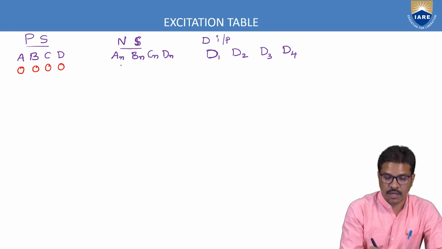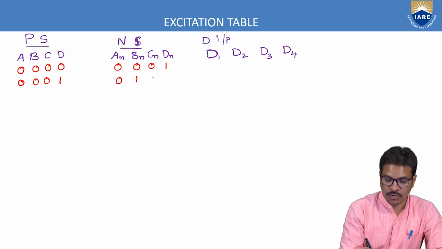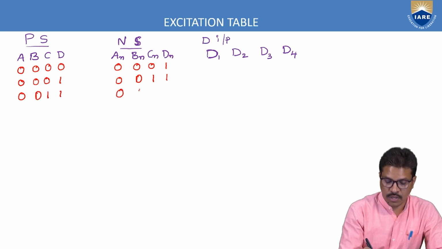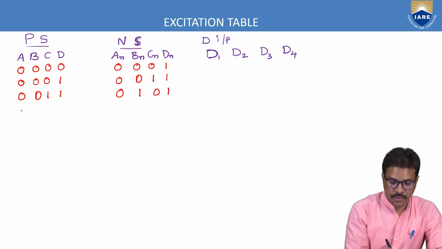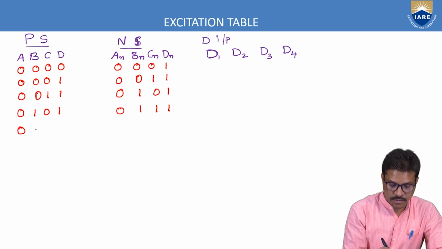Once we apply the clock pulse, it will move to the first odd number 0, 0, 0, 1. Then it will move to 0, 0, 1, 1. Then 0, 1, 0, 1 is the present state. The next number is 0, 1, 1, 1.